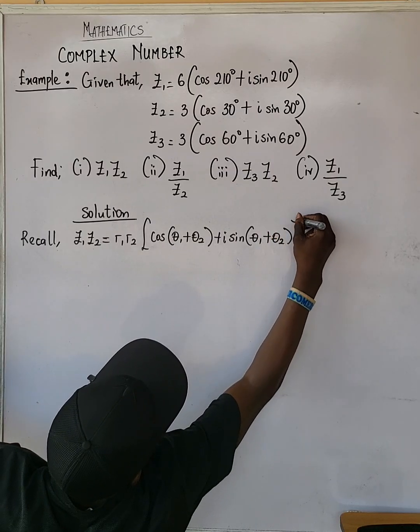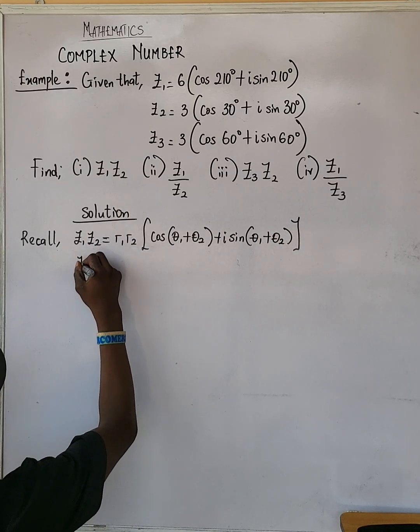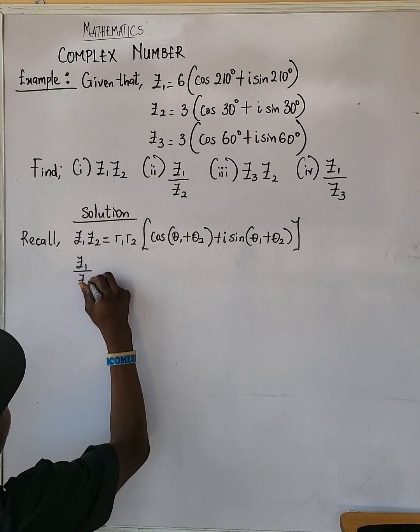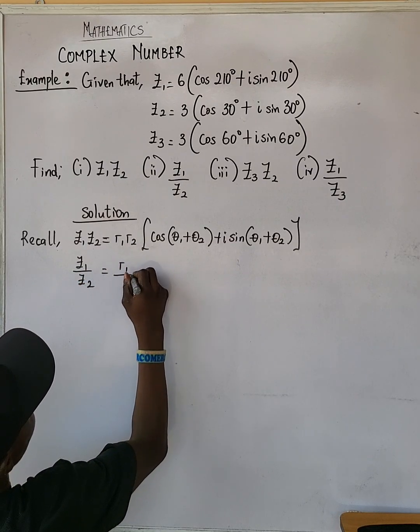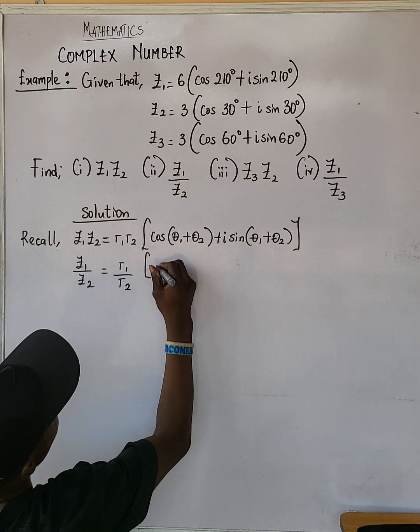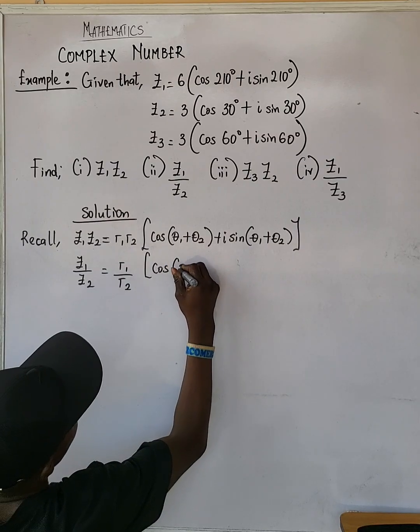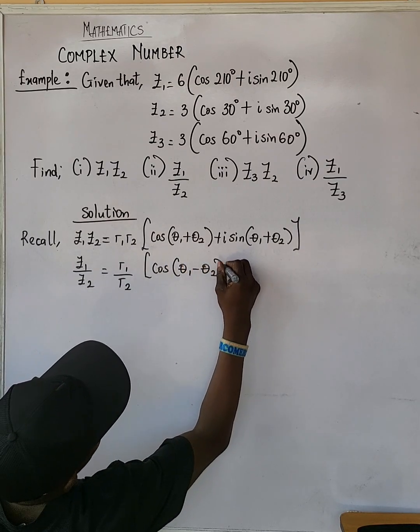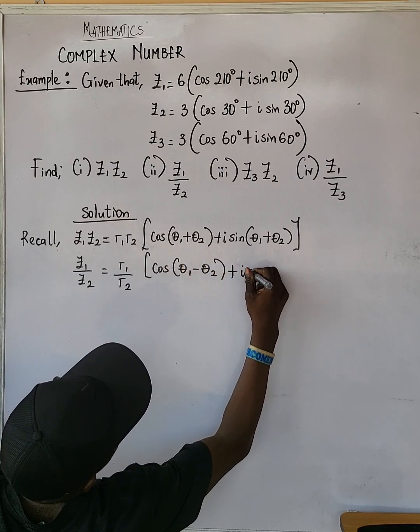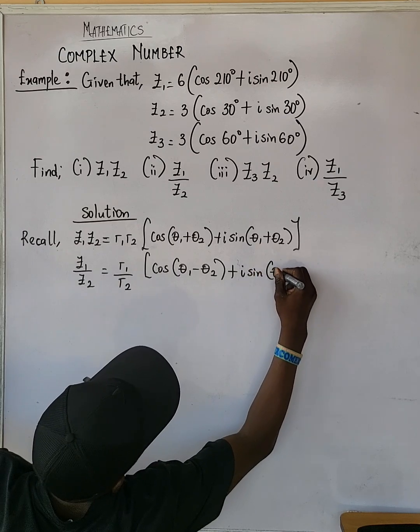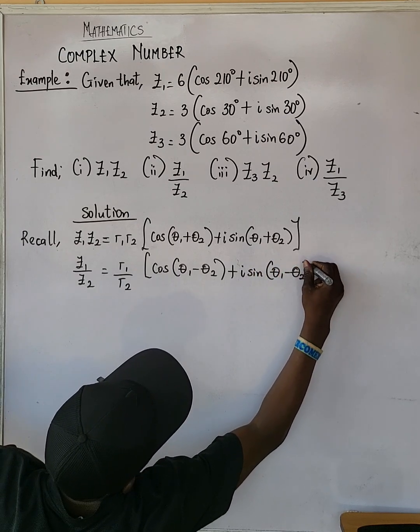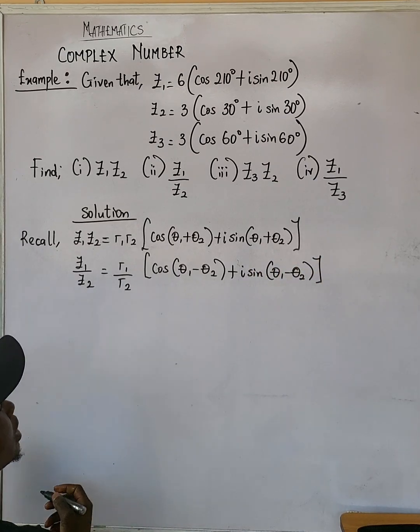Then what is the one for division? When we proved for division, z1 over z2 was given as r1 over r2 into bracket cos theta 1 minus theta 2 plus i sine theta 1 minus theta 2. This was what we got in the proving we did.